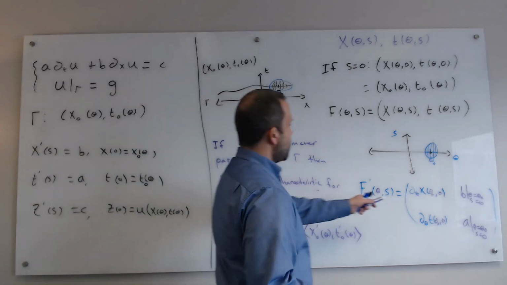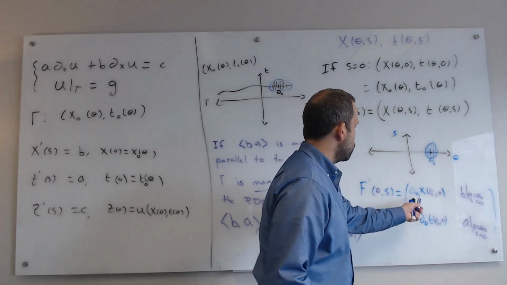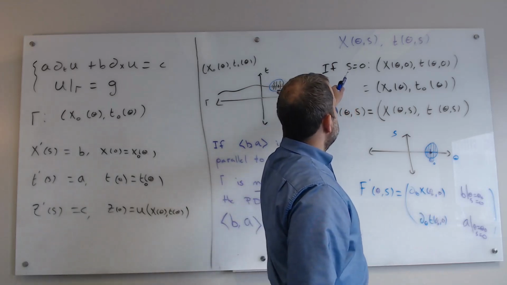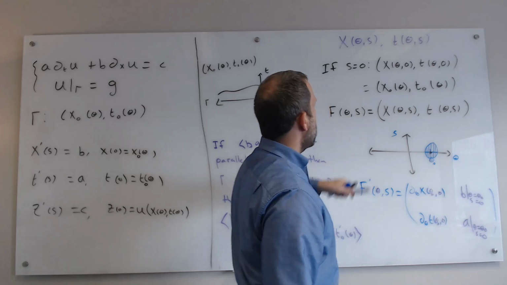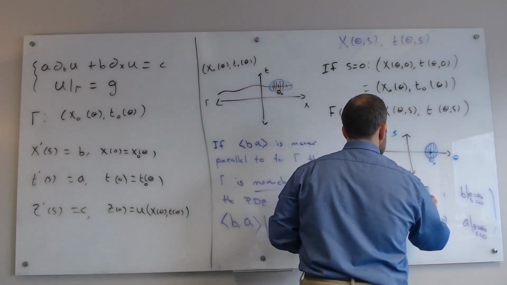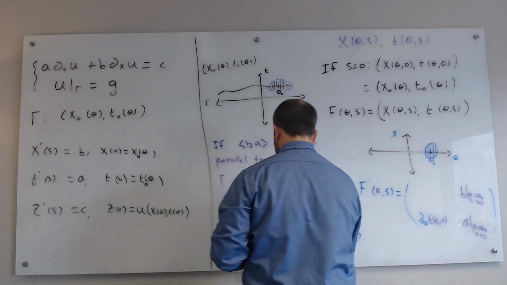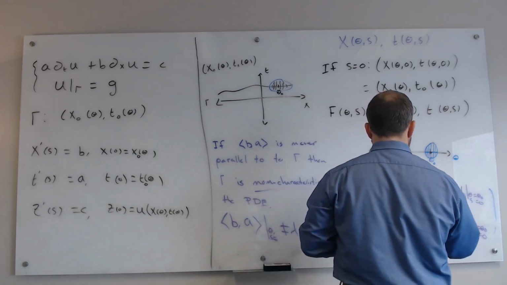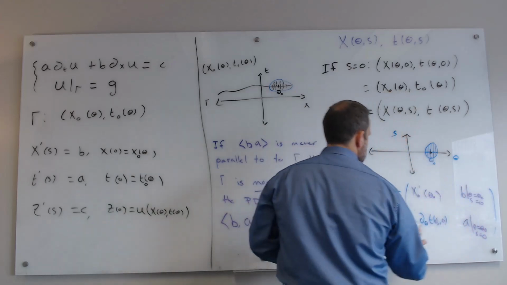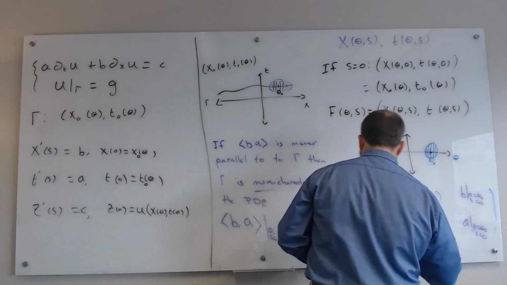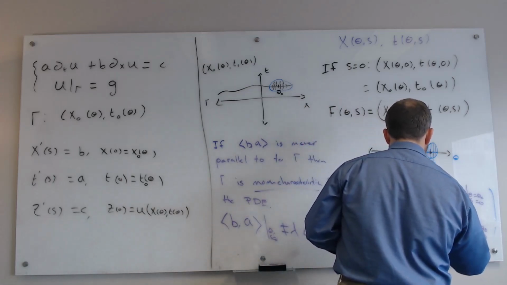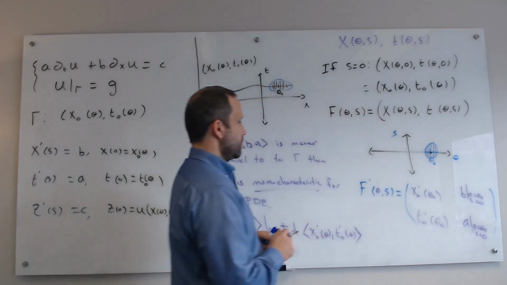Okay, now over here, this is the derivative of x with respect to theta when s is equal to 0. Well, if s is equal to 0, we're just looking at the parameterization of the curve here. So this is going to be x naught prime of theta naught, and this right here is going to be t naught prime of theta naught.